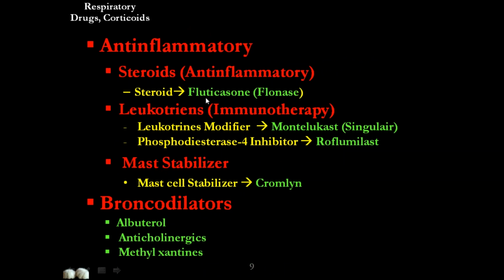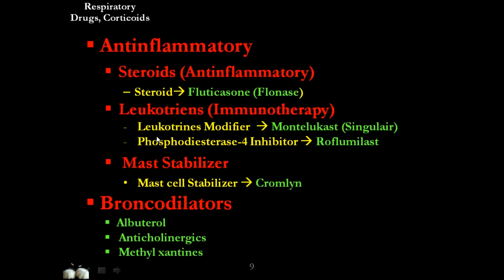These steroids are going to be for prevention, right? These steroids are not going to have a very fast action. Leukotriene blockers are going to be montelukast and roflumilast, and these leukotriene blockers and the steroids are not for acute processes, neither are the mast cell stabilizers.